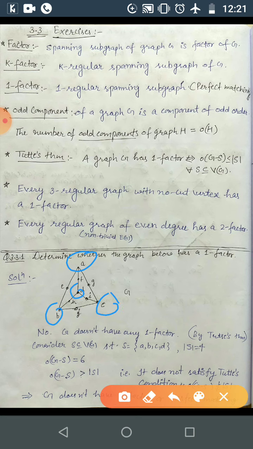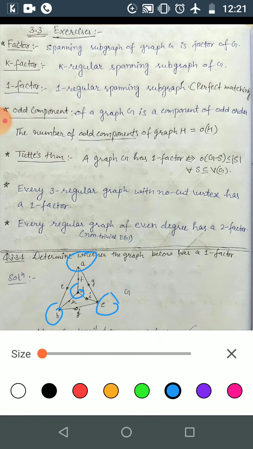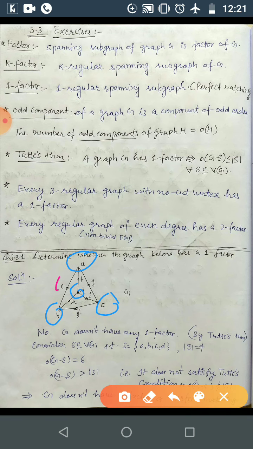And if you remove it, you are left with only the vertices E, F, G, H, I, J, correct? So how many vertices did you get? 3 and 3, 6. So 6 vertices, and each single vertex forms an odd component, correct?